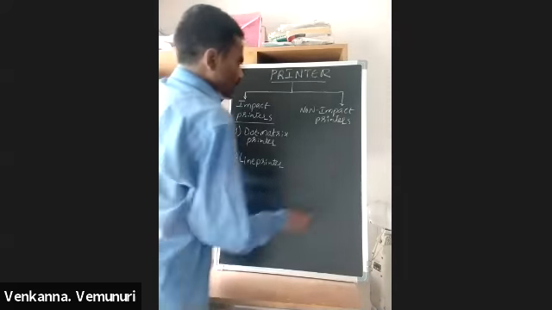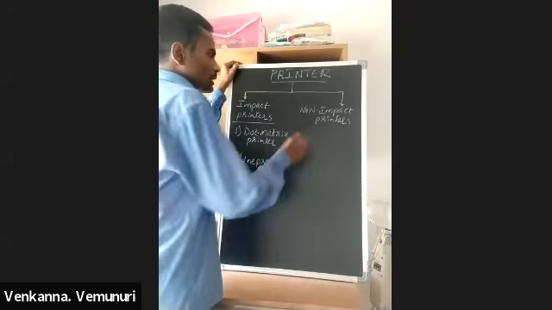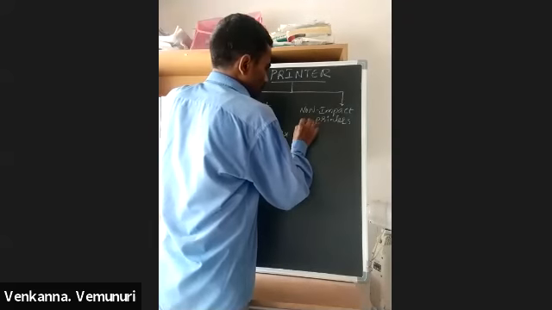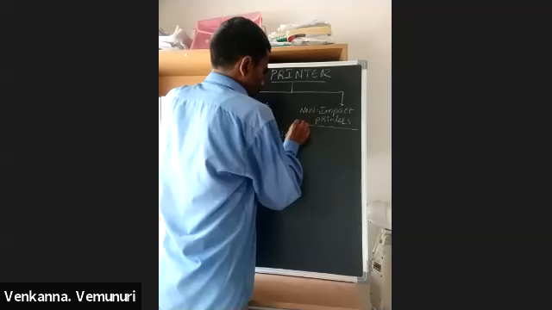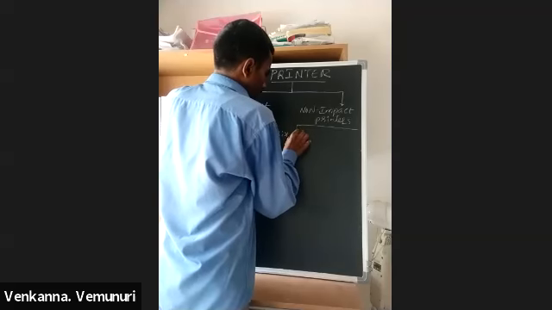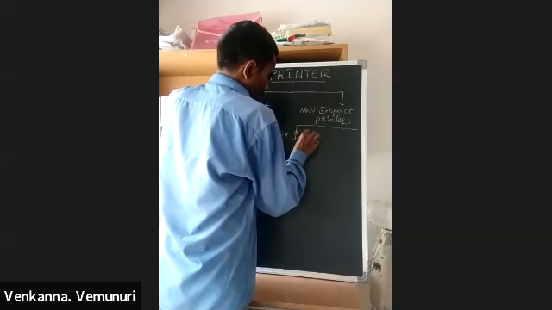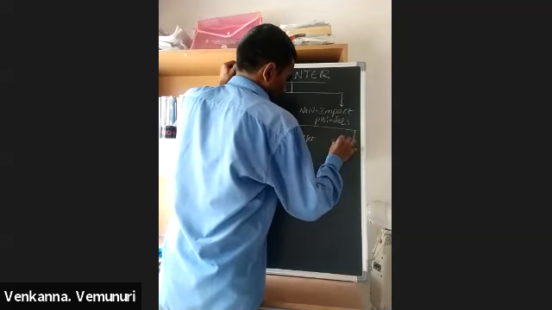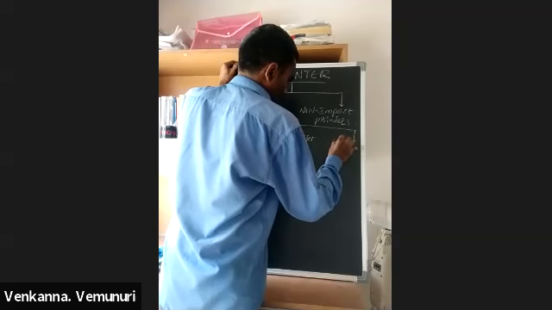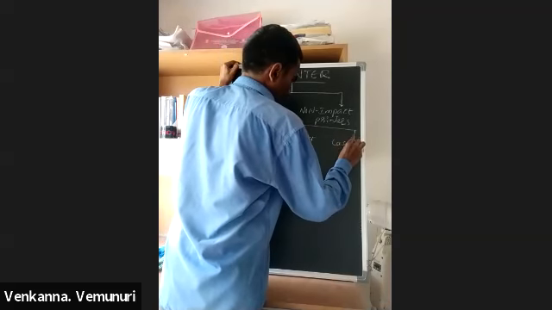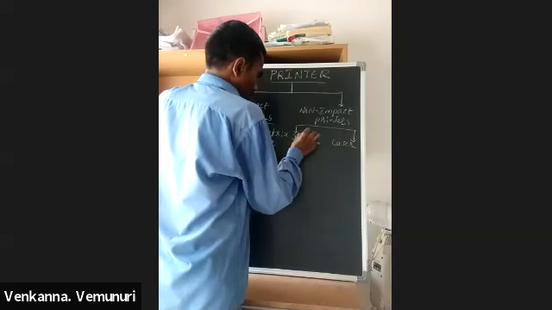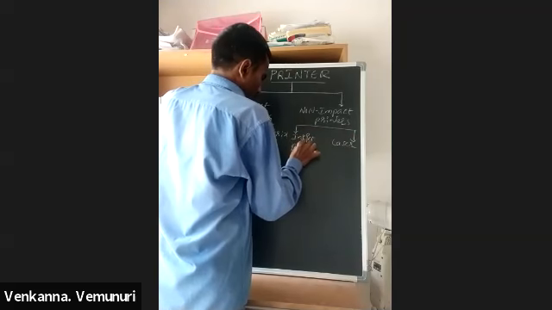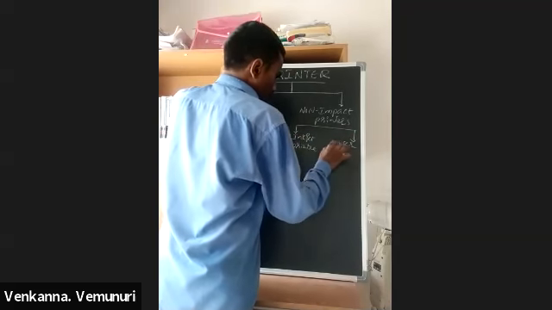And on this side, non-impact printers. These non-impact printers are of two types. First one is inkjet printer, and second one is laser printer.